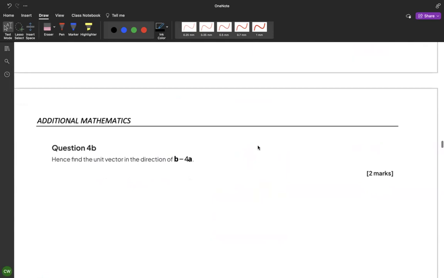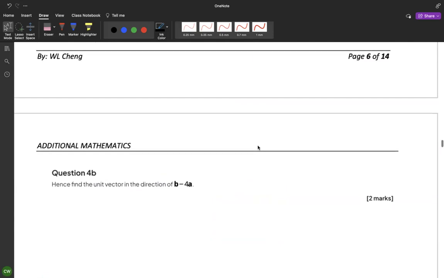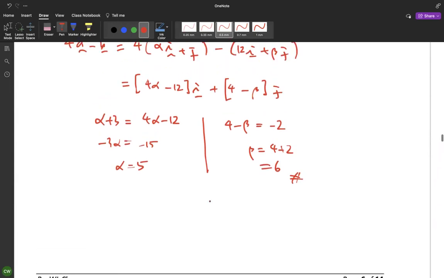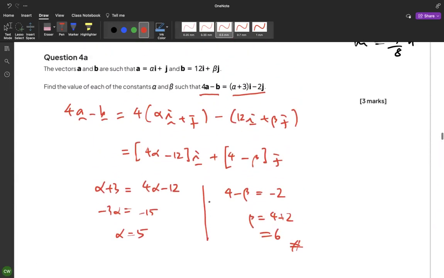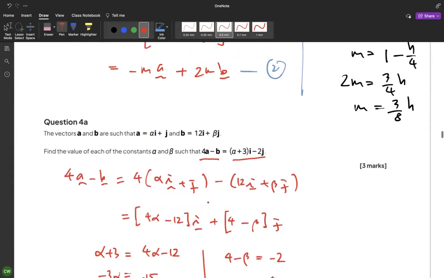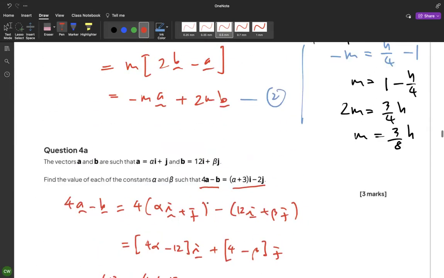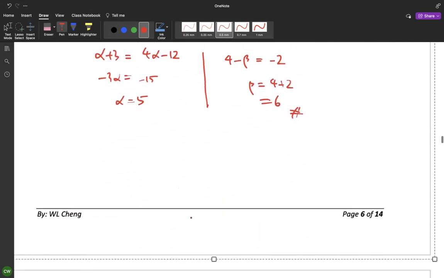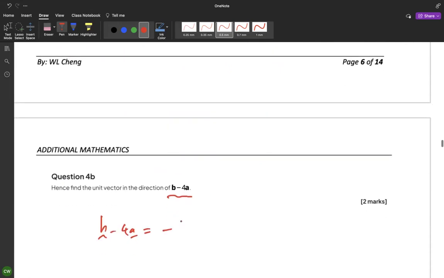Find the unit vector. Do you remember how to find it? What should we do first? Do we have the vector of this or not? 4b minus 4a. We have 4a minus b. Can we use this or not? So it's a negative 4a minus b.